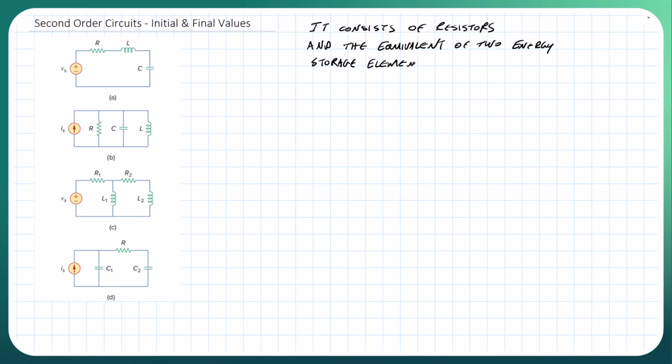We have the capacitor and the inductor, which we've been using for the last couple of lectures. If you look here on the left, we have a resistor and a storage element, the inductor, and a storage element, the capacitor.